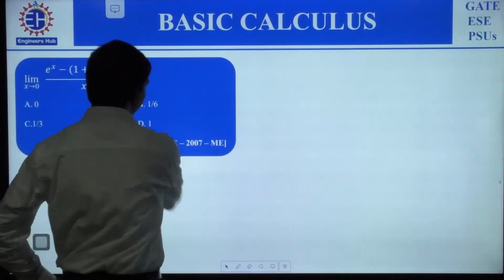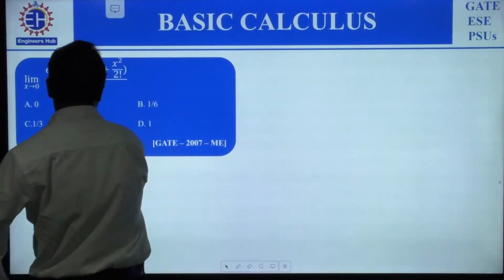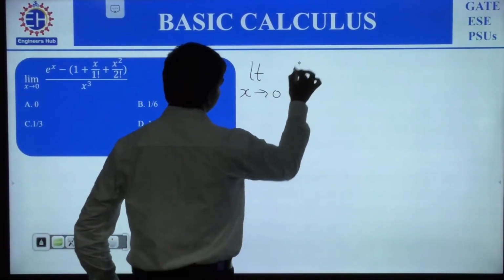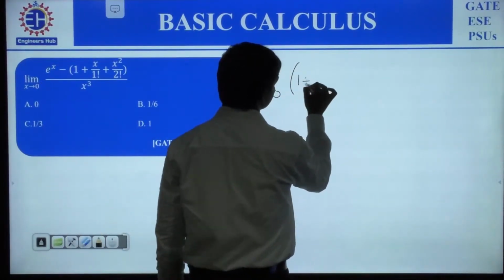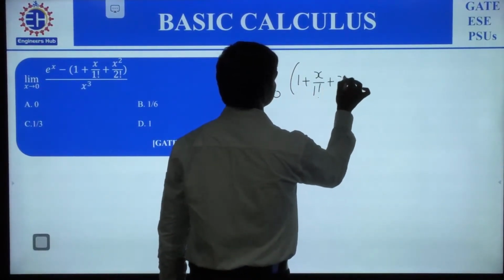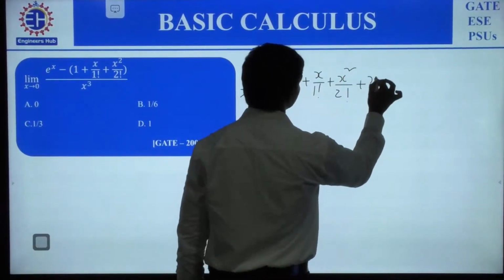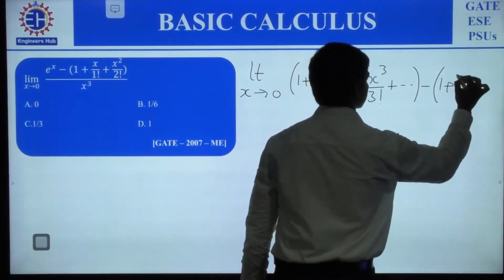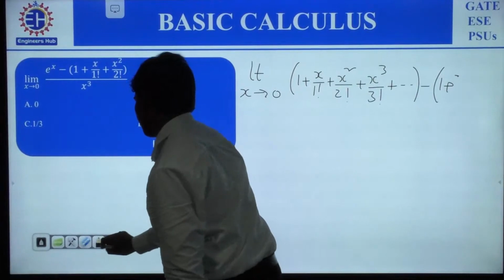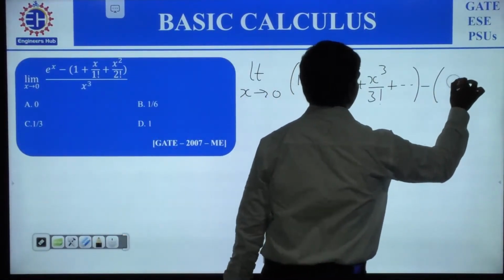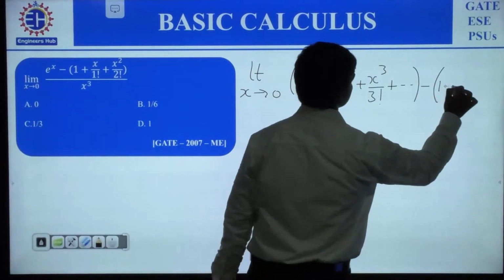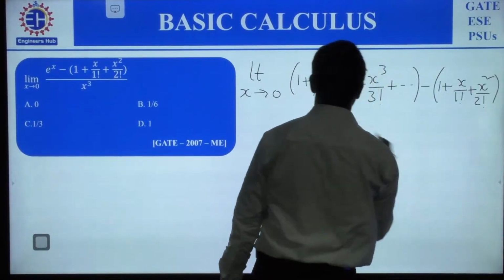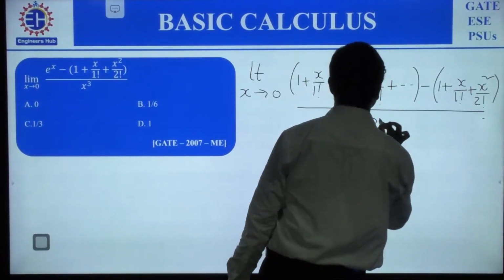If you know the expansion of e power x, can we write limit x tends to 0, in place of e power x, the expansion 1 plus x by 1 factorial plus x square by 2 factorial plus x cubed by 3 factorial and so on, minus 1 plus x by 1 factorial plus x square by 2 factorial, divided by x cube?